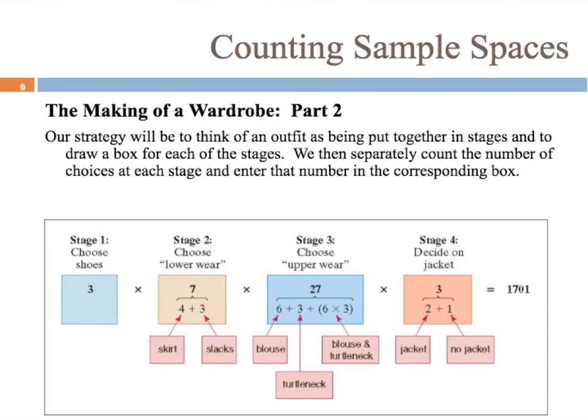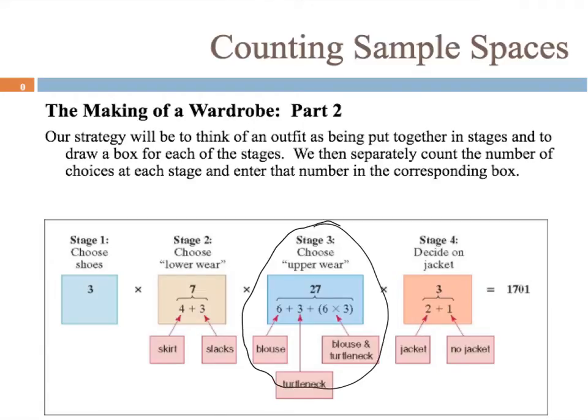We're changing it up here one more time. This time, still have 3 pairs of shoes, and skirt and slacks are still treated differently. But let's say that she does have the option of wearing a blouse and a turtleneck, or just a blouse, or just a turtleneck. So looking at stage 3, that's where everything becomes a little different here.